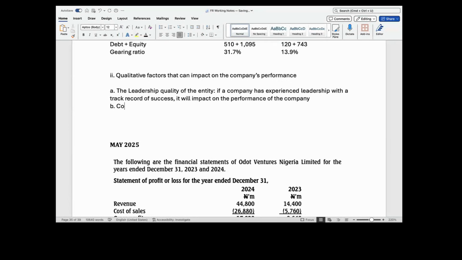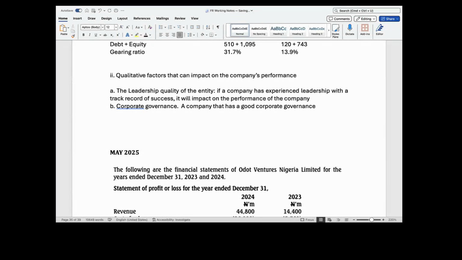Number two, corporate governance. A company that has a good corporate governance structure will not be susceptible to fraud and mismanagement.